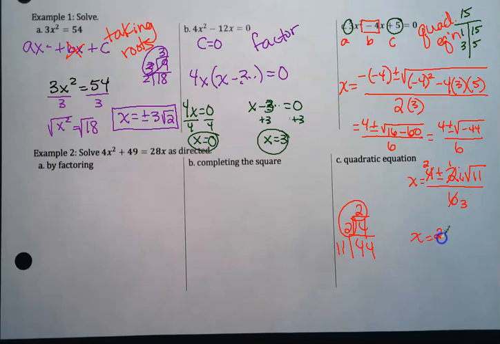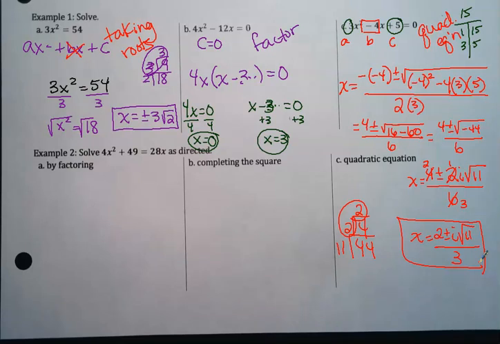So this would be 2 plus or minus i times the square root of 11, divided by 3. It didn't say we had to write it as a decimal or anything, so we can just leave it like that. But again, we're trying to pick out which ones to use a little bit.